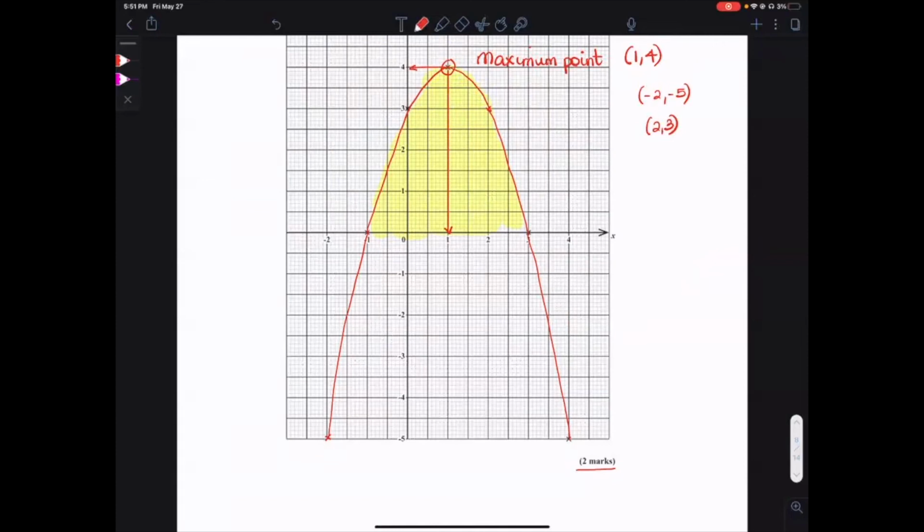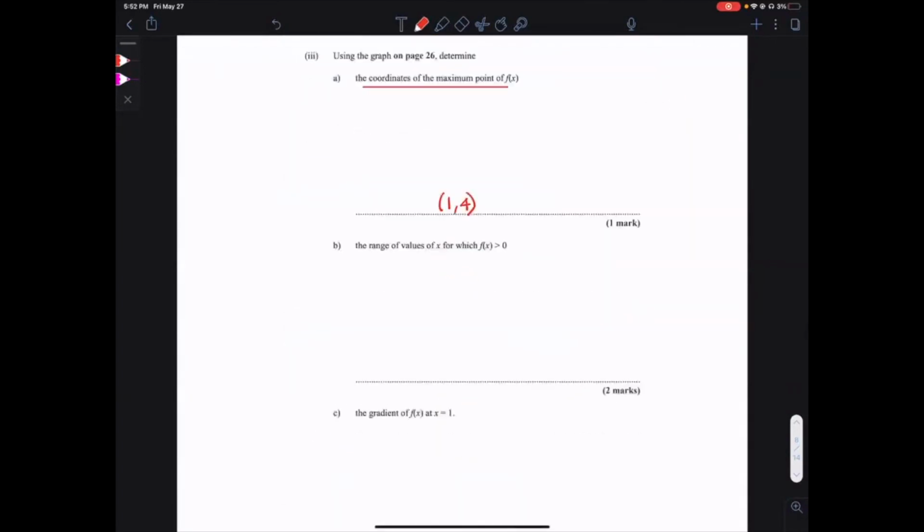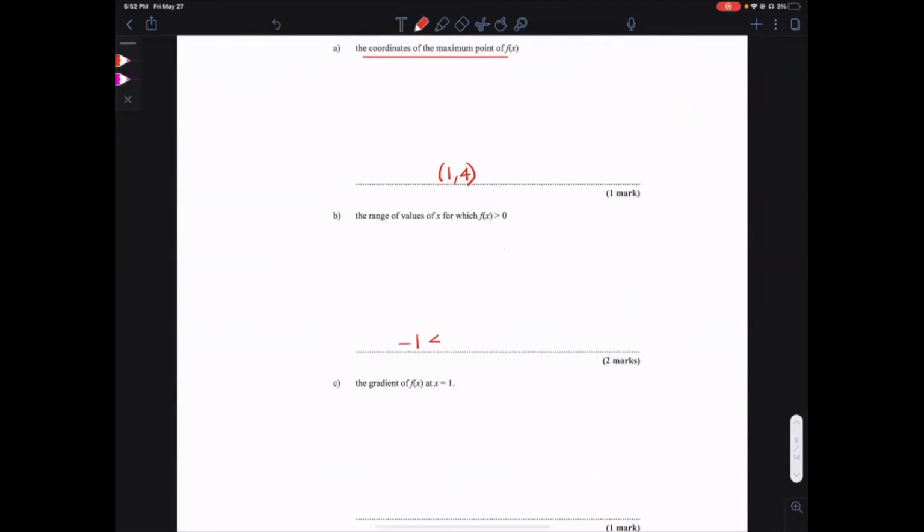So the values that they are looking for is between -1 and 3. For these X values here, the curve is positive. So we're going back, -1 less than or equal to X, less than or equal to 3.